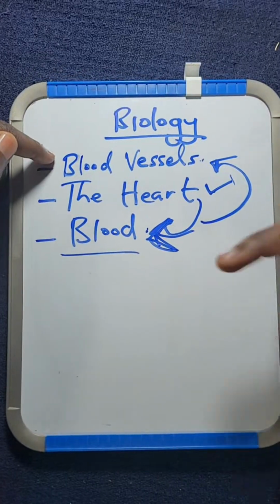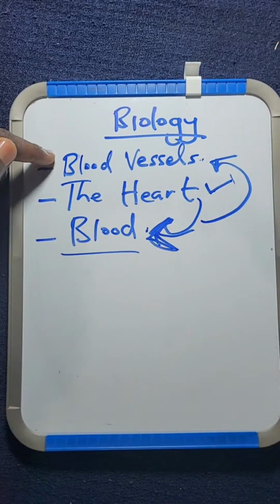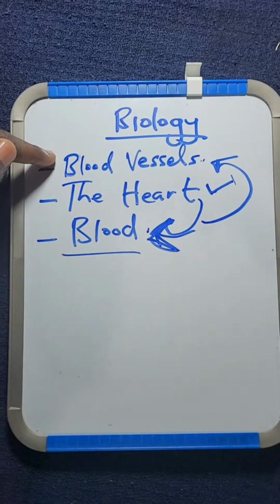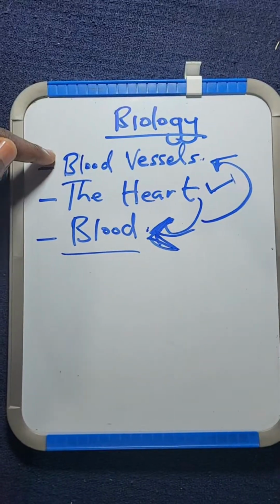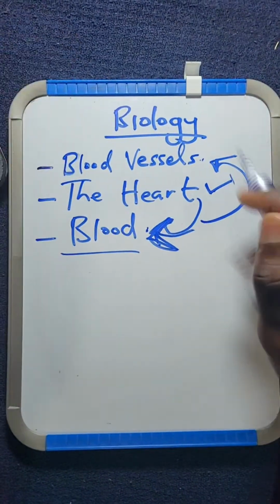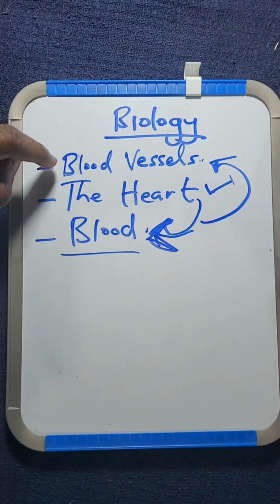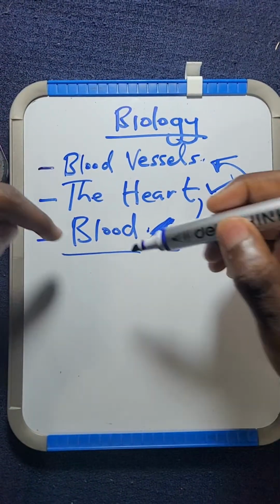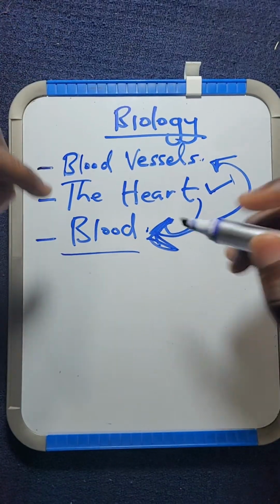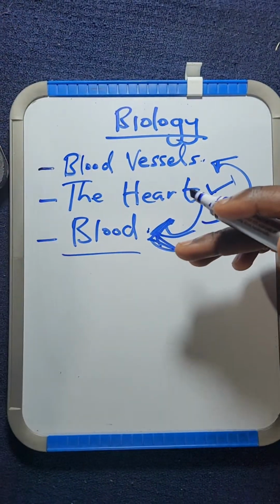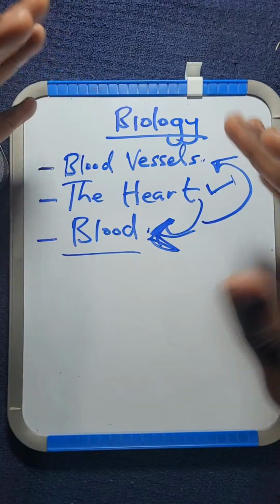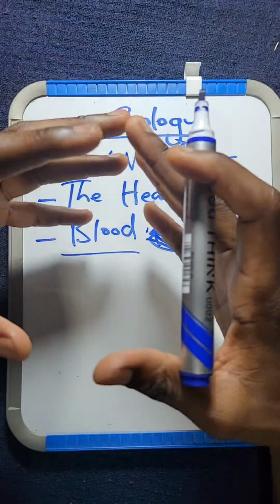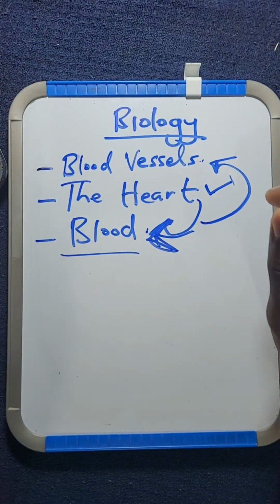We also have blood vessels, which are a pathway for blood to flow through. These are more like roads through which blood will pass as it is transporting the nutrients and the oxygen. So these three things are working together in the transport system.